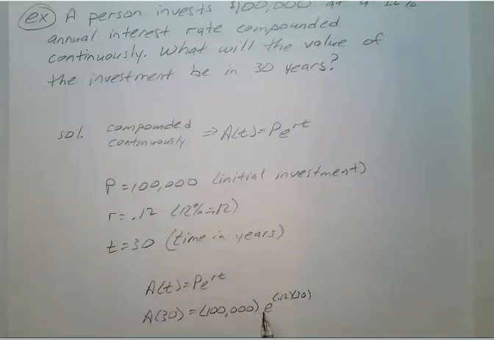So you plug in E to the power of 0.12 times 30, then multiply that by 100,000, and you get approximately $3,659,823 after 30 years.